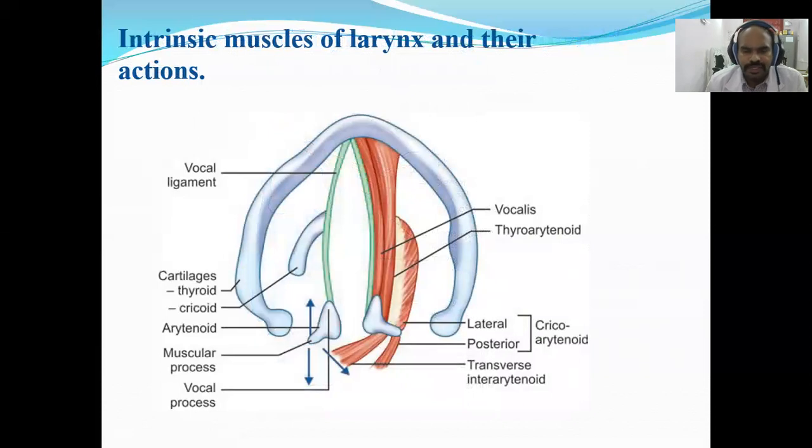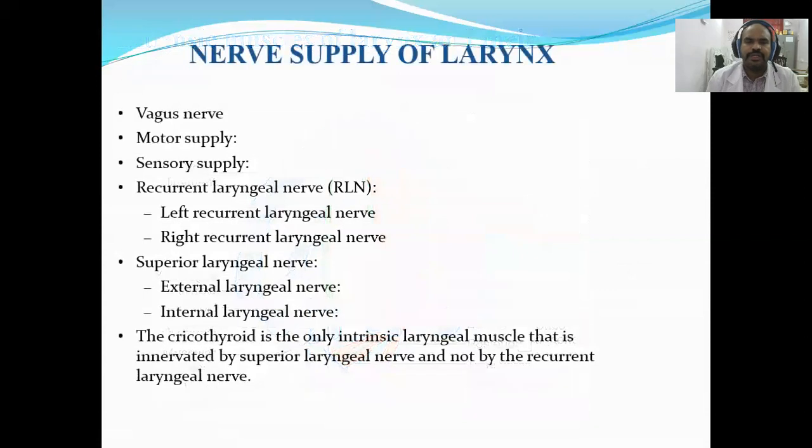We have the vocalis muscle between the vocal process and the posterior lamina of the thyroid ala. Okay, then thyroarytenoid, as the name implies, is self-explanatory. Also, we have the posterior arytenoid, otherwise called the posterior cricoarytenoid, between the two muscular processes. Then transverse interarytenoid. All these things which we have seen have been diagrammatically put.